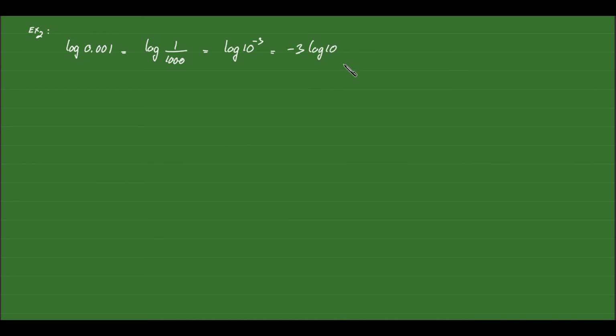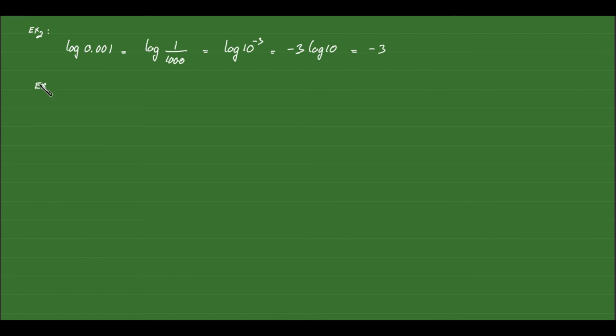And log base 10 of 10 is the first formula. So your answer will be negative 3. Very easy. Of course, there are some numbers you cannot evaluate the log of manually. You have to use a calculator, of course.